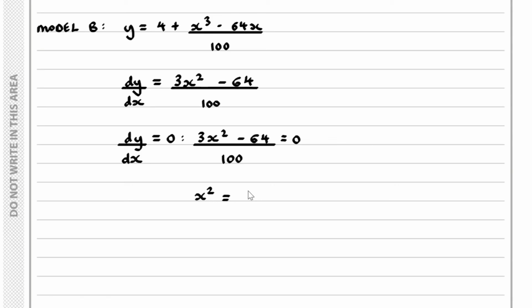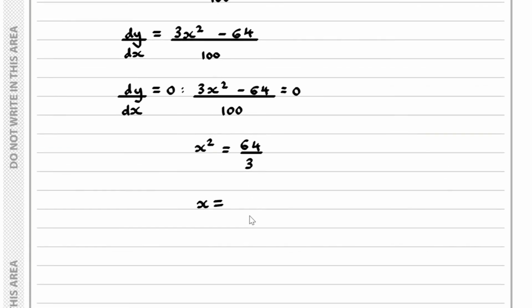X squared is equal to 64 over 3. X is equal to plus or minus 8 over the square root of 3.